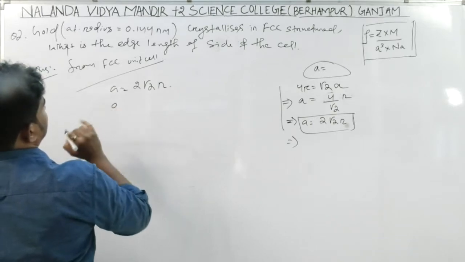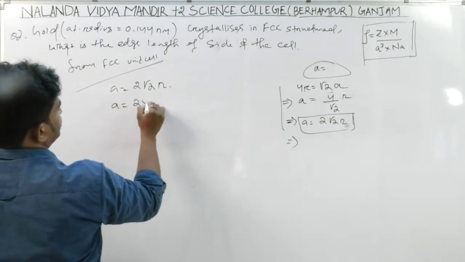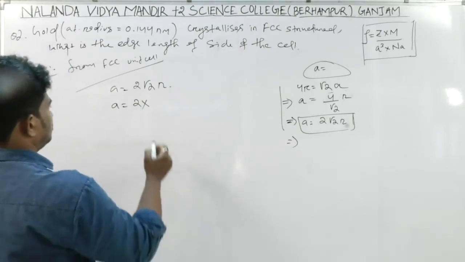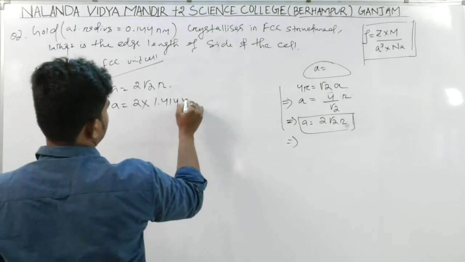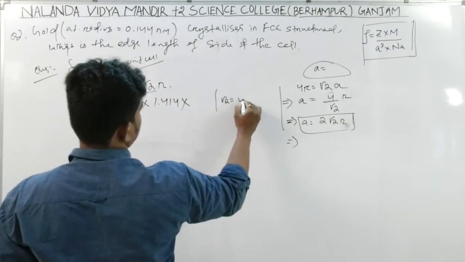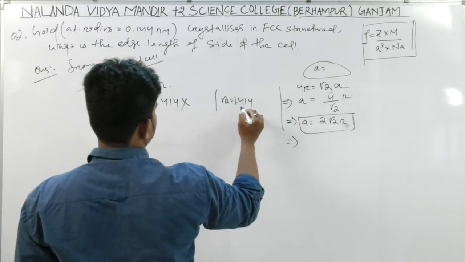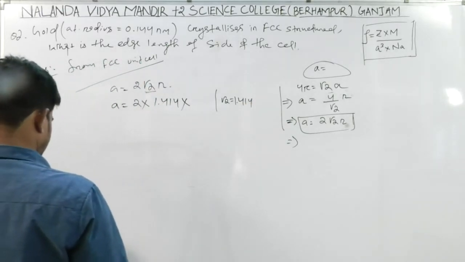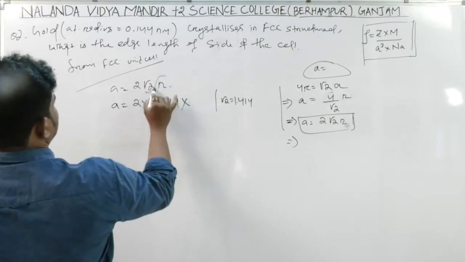So here a will be 2 into, what is the value of root 2? Root 2 value is 1.414, into r. What is the radius?